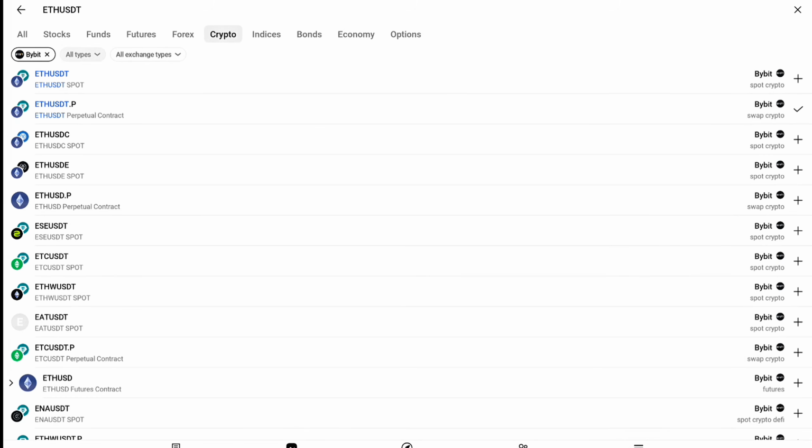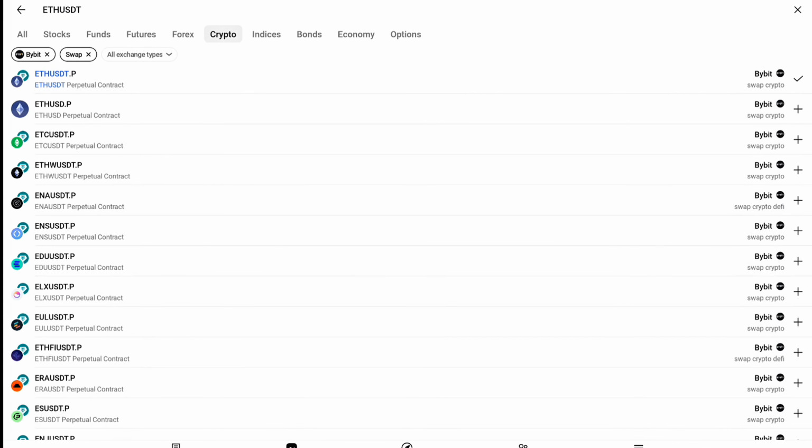So for all types, do you want spot trading, do you want swaps, do you want futures trading, do you want index and fundamental trading? Currently, if you are trading futures, you only use swap here, and you don't really have anything to do with the other exchange types.